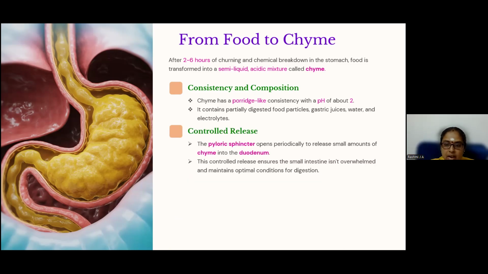Then we have this controlled release which is happening at the pyloric sphincter. In the last slide we saw where the pylorus is, where the stomach meets the duodenum, we have a structure. So there we have a sphincter. I already told you when two organs meet, there will be an opening. This opening will release the chyme slowly into the duodenum. This helps the small intestine to take some time for digestion and also absorption.